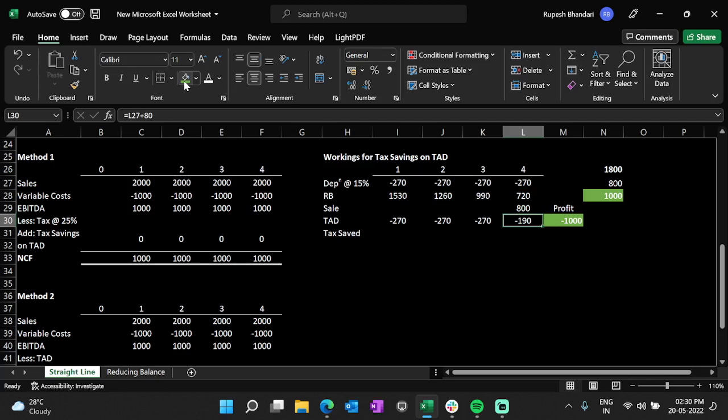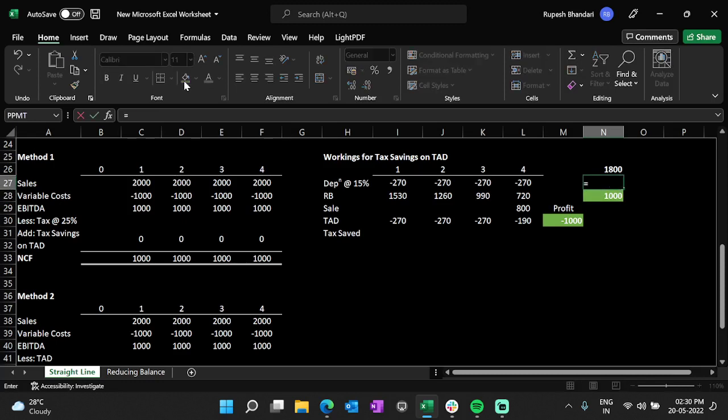So 800 is remaining, right, out of 1800. So 1000 is the value used up, right? So that's the used-up value, or what we can say is, how much did we use up? 1000. So 800 was the remaining value in that.